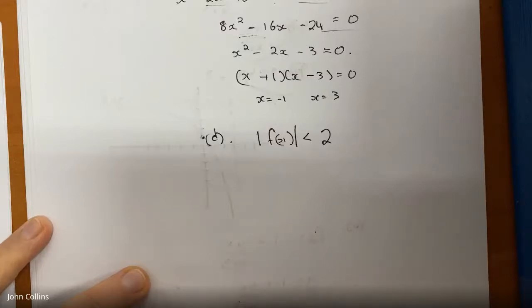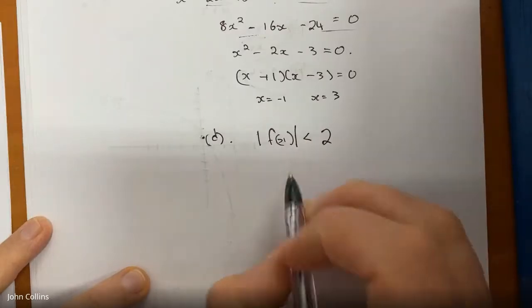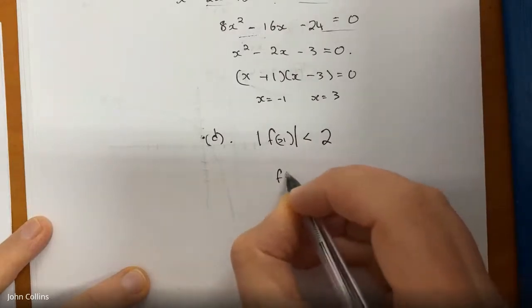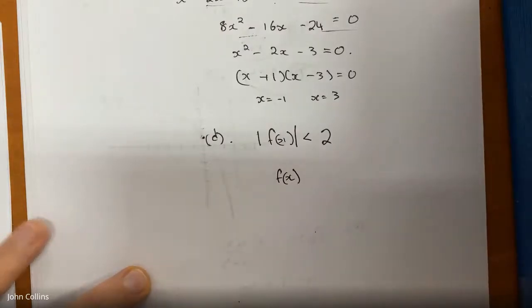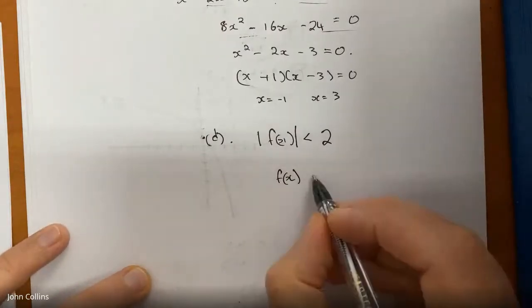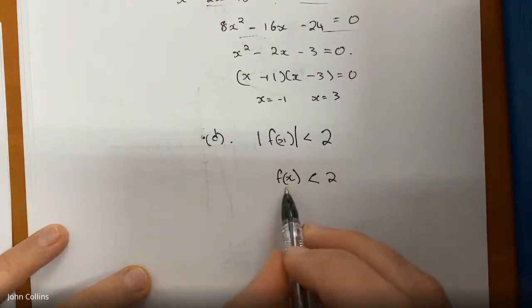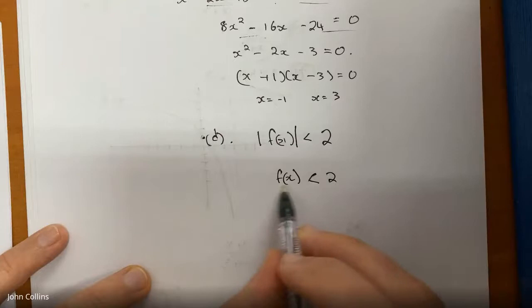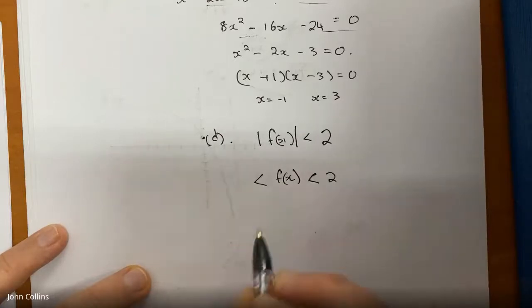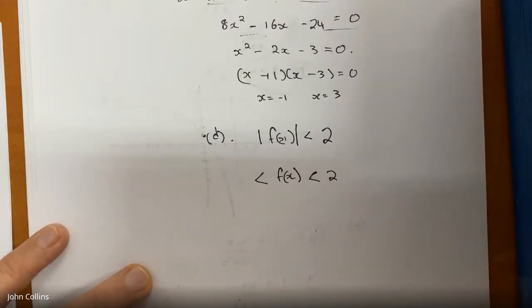If the absolute value is less than 2, if I wanted to remove the absolute value, what could I say? I can say the function is going to be still less than 2. But what would I put on this side?